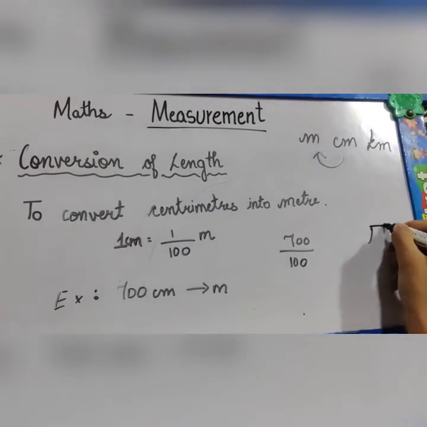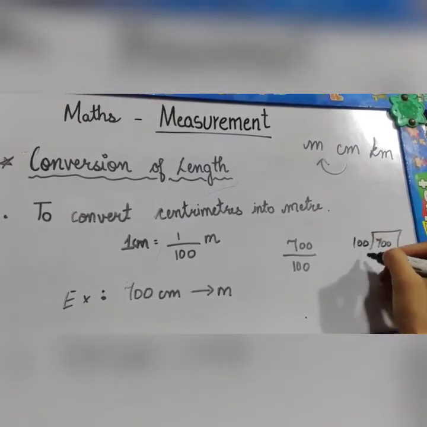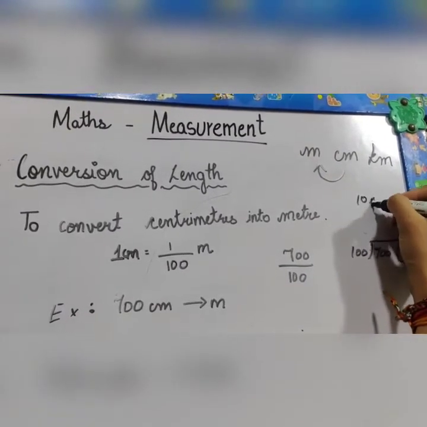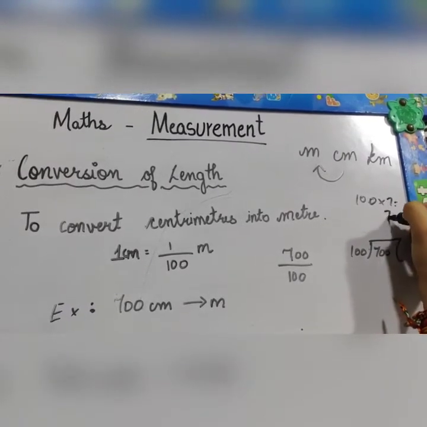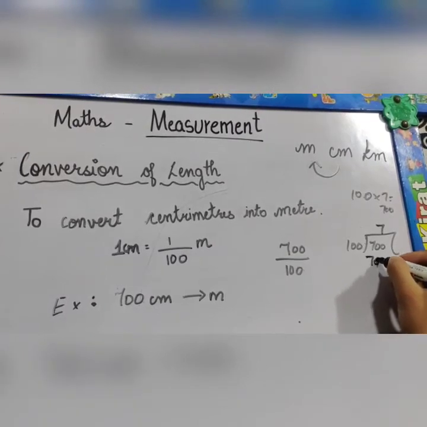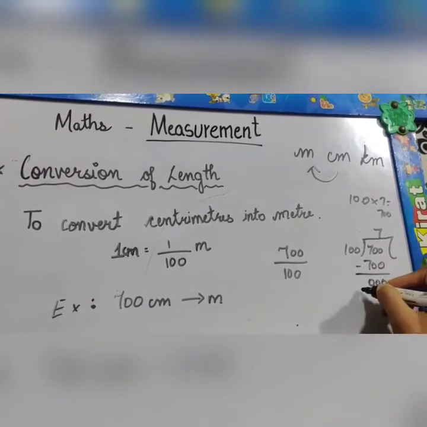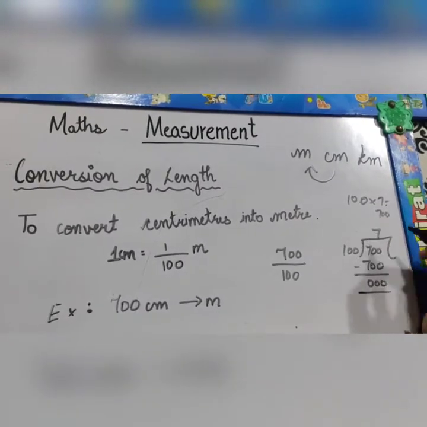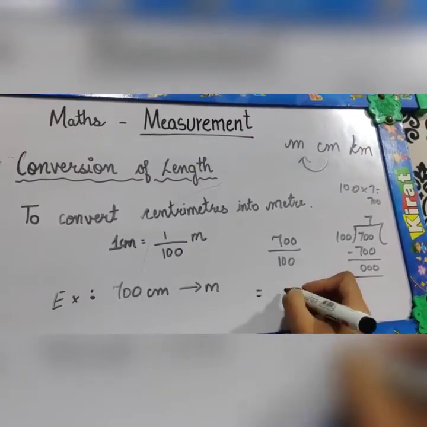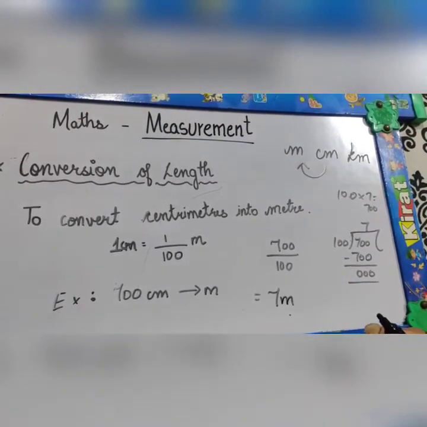So when we divide 700 by 100, we know that 100 into 7 is 700. So our quotient will be 7. Here it will be 700. We will subtract this. Our remainder is 0. So this quotient that we got is our meters. So our answer is 7 meter.